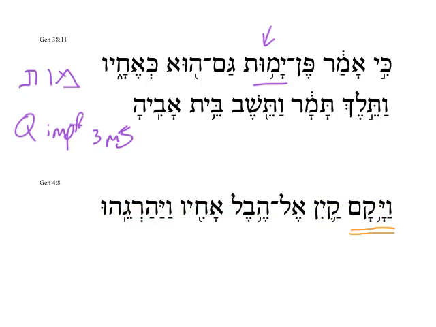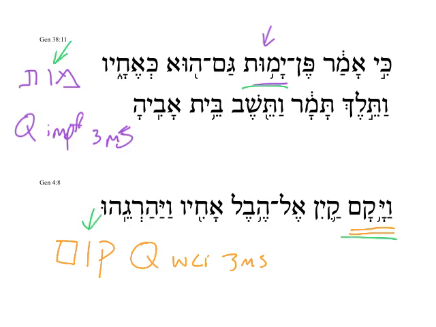Vayakam comes from qof, vav, mem, to arise. In this case, we have kal, vav consecutive, imperfect, 3ms. So in both of these verbs, the middle root letter would normally be a vav, mut or kum.